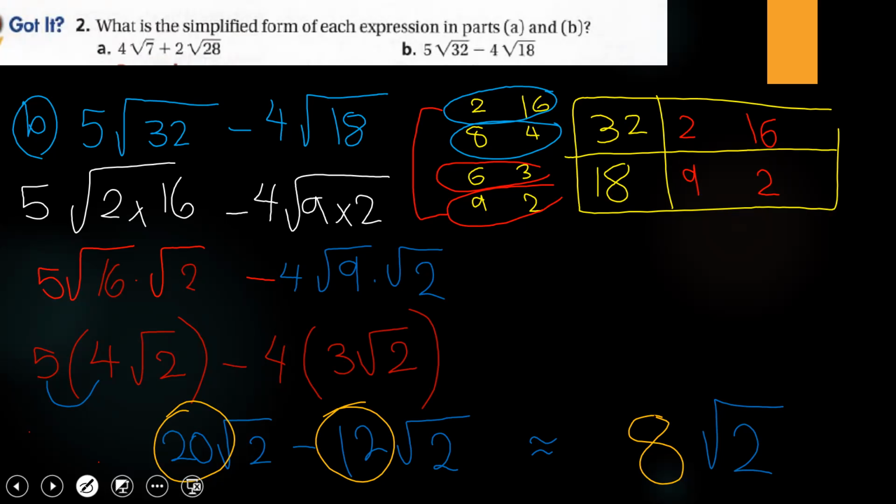To make them have the same radicals. That's why I asked you to give me two factors of 18 and 32 that have at least one pair of numbers that are common, to make them like radicals so that we can add or combine them. Okay.